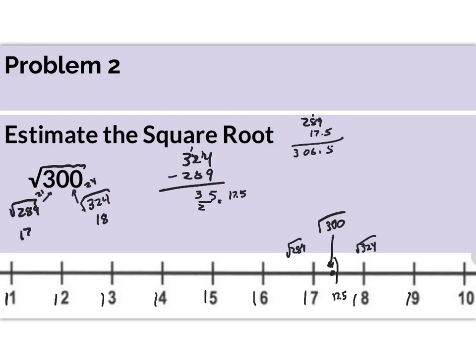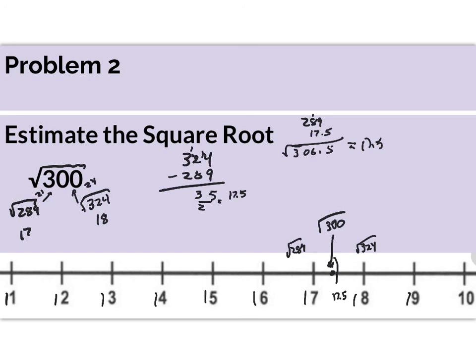And then you see that 300 is less than 306.5, and the square root of 306.5 should get you to 17.5 or close enough to it. And then since 300 is less than that, it's on the left side and it's in this range. You still get the same thing, but it's just a lot more math.